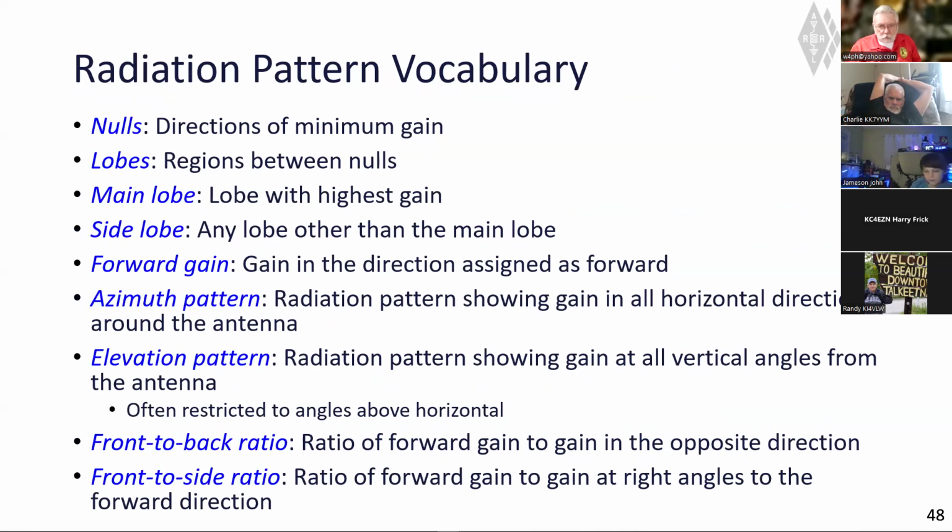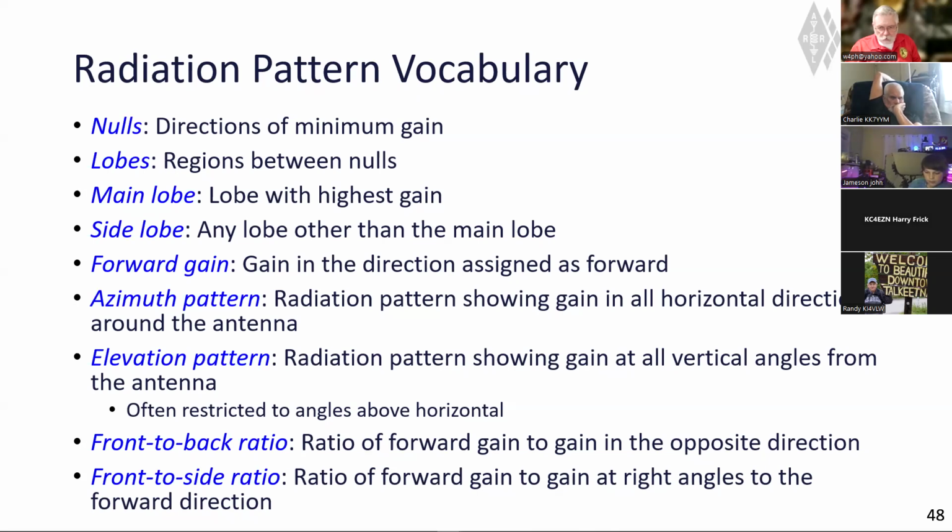Radiation pattern vocabulary. Nulls, directions of minimum gain. Lobes, directions between nulls. Main lobe, lobe with the highest gain. Side lobe, any lobe other than the main lobe. Forward gain, gain in the direction assigned as forward.